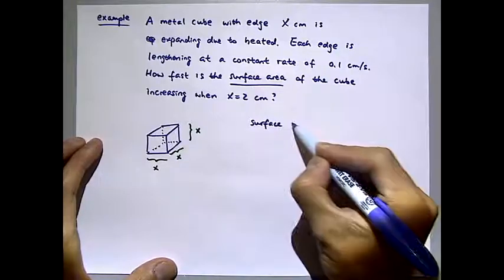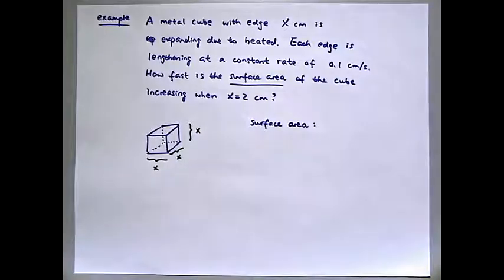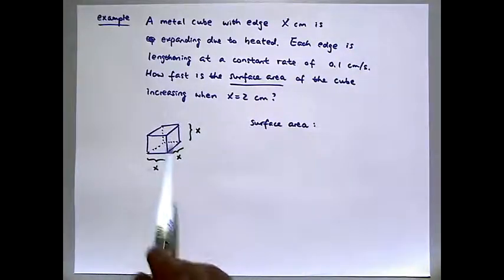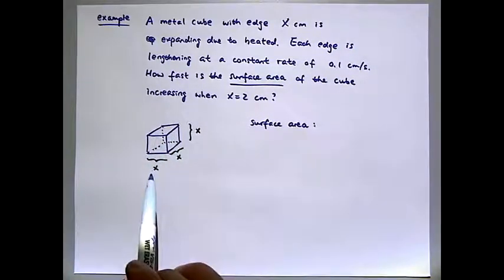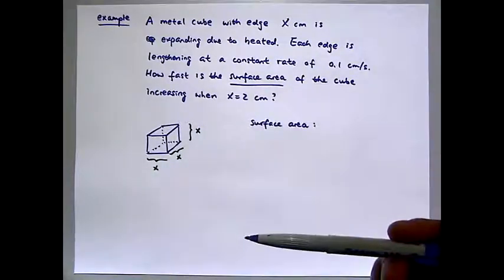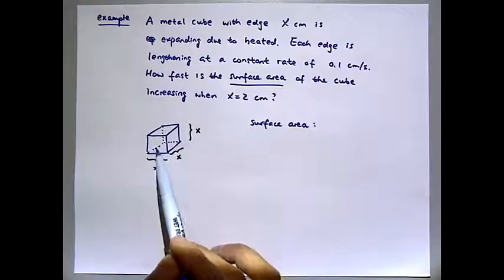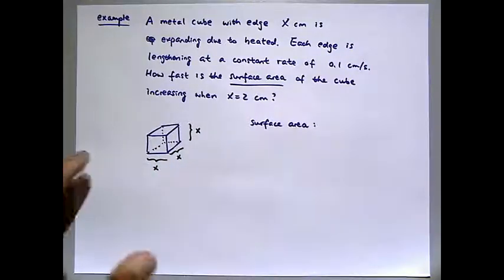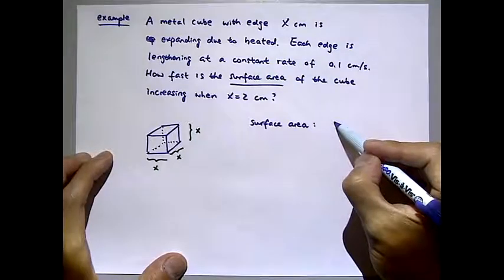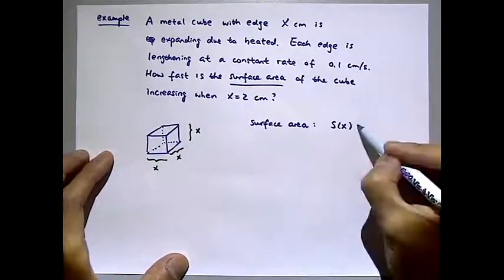Let's find the surface area first. This cube has 1, 2, 3, 4, 5, 6 faces: four around, and then the top and the bottom. Each face has an area of x times x. So let's call the surface area S as a function of x.